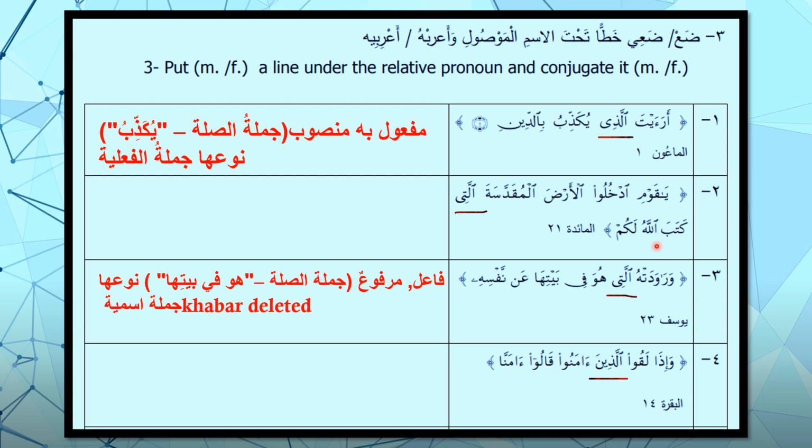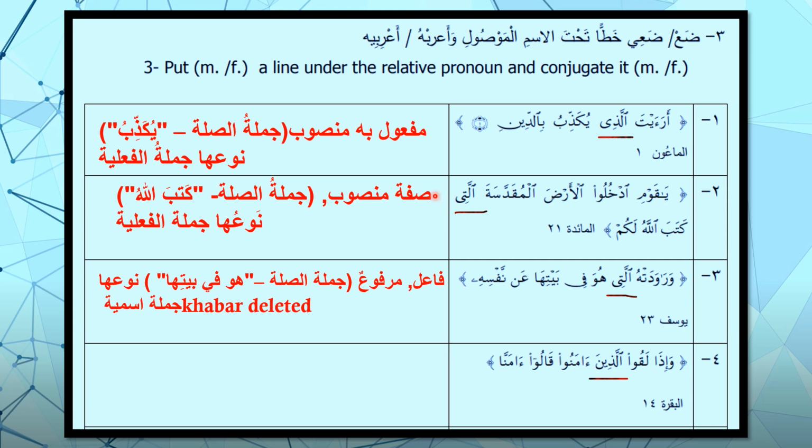التي كتب الله لكم. So what is the position of التي? Can anybody guess? Fa'il, maf'ul bihi? And what is the position? It's coming after the noun. So now you can guess what the position is here. It is coming as a sifa.